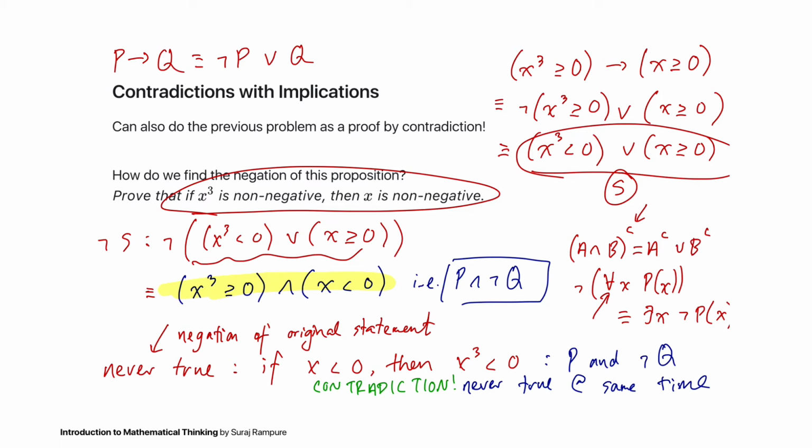Anything else? Yes? So, I know that for this, now we did it with contradiction. Prior we did it with contraposition, and the first one there was also an option. Is there an order or priority of which methods to use? Like, how do you know which proof technique to use?